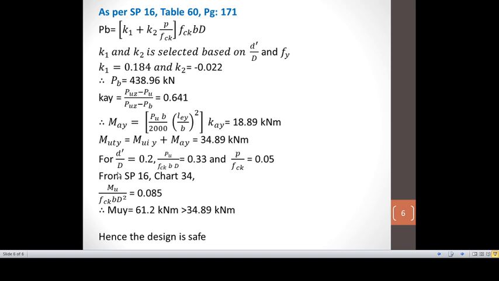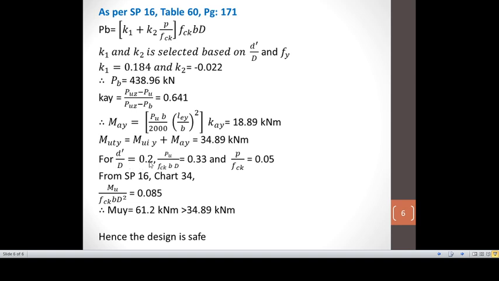D represents the dimension which is perpendicular to the y-axis, because now we are doing the design about the y-axis. So here D dash by D will be equal to D dash by B, where B is the dimension perpendicular to the y-axis.